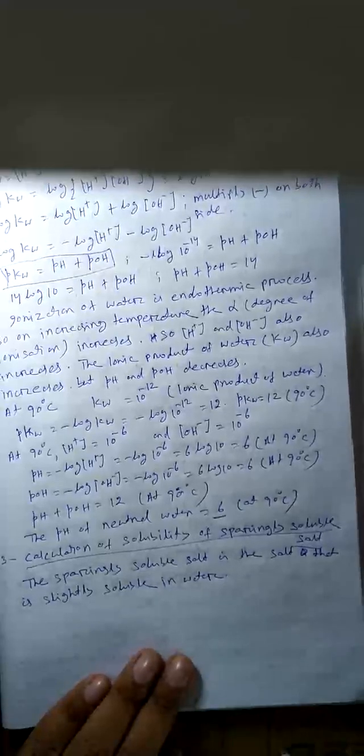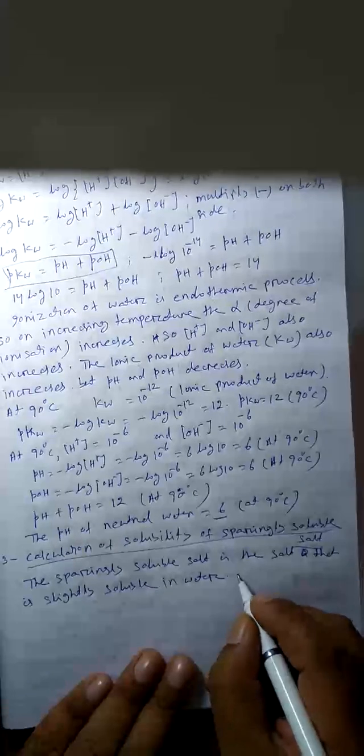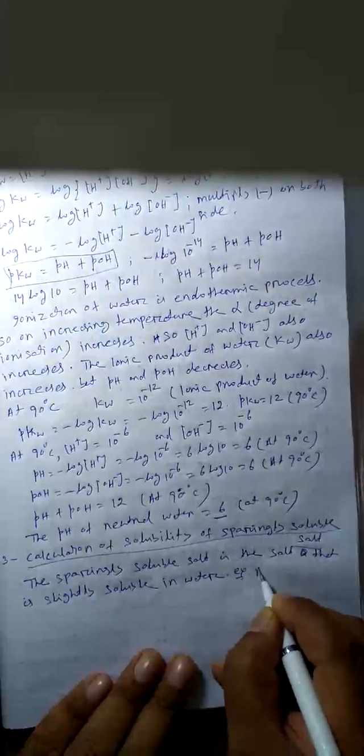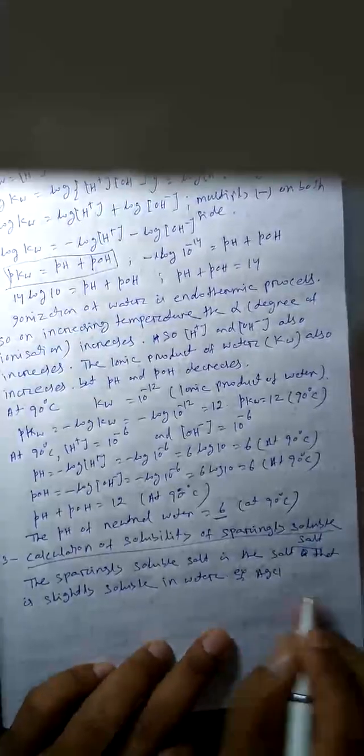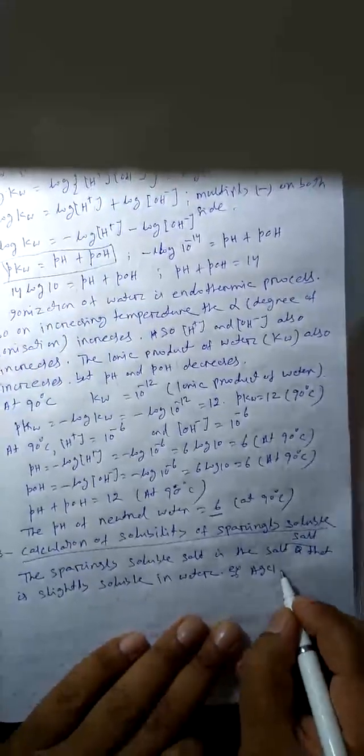That means the salt which is slightly soluble in water is called a sparingly soluble salt. Example: silver chloride is a sparingly soluble salt. It is slightly soluble in water.